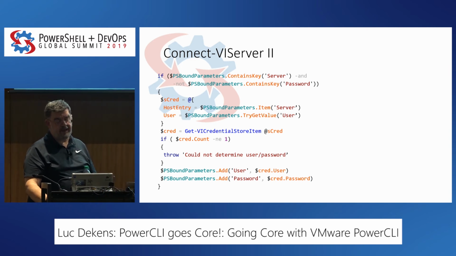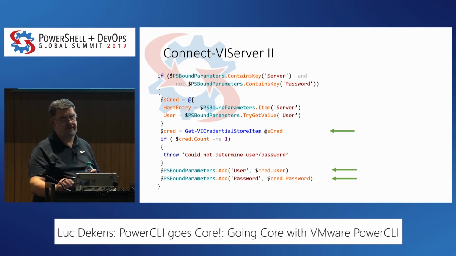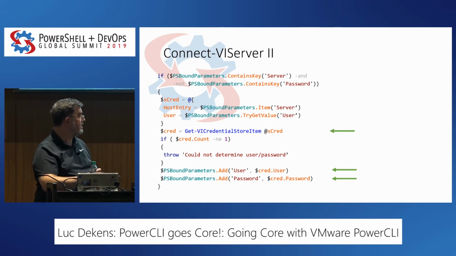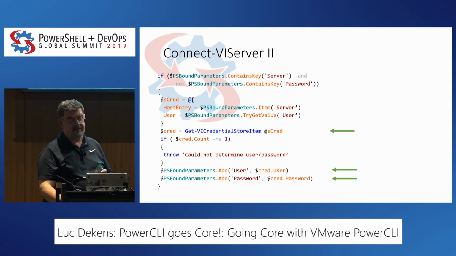So in this way we can, and that came in our scripts quite a lot, use Connect-VIServer with only the server parameter. This was really a lifesaver for those scripts. So again, in summary, we used the old one, the commandlet that we converted previously, and then we passed the two parameters that we retrieved from that commandlet.